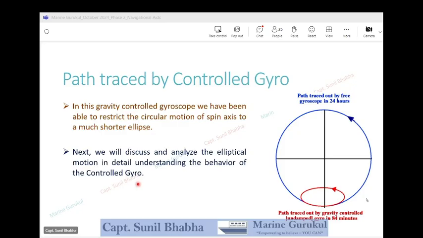Though moving very less as compared to a free gyro, it is still going eastward and westward of the meridian. So we will still need to make some further arrangement to make it point towards the meridian. For that, we will need to analyze the behavior of the gyro on the elliptical path.